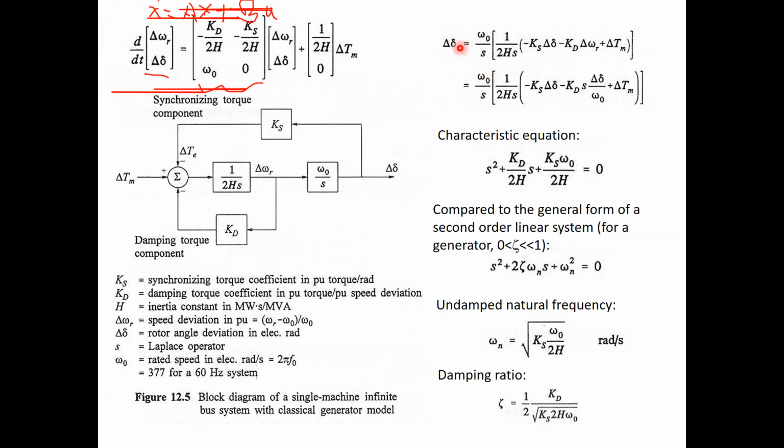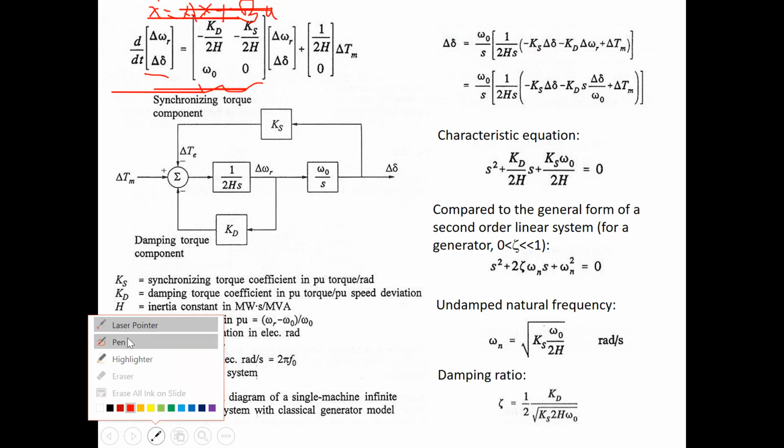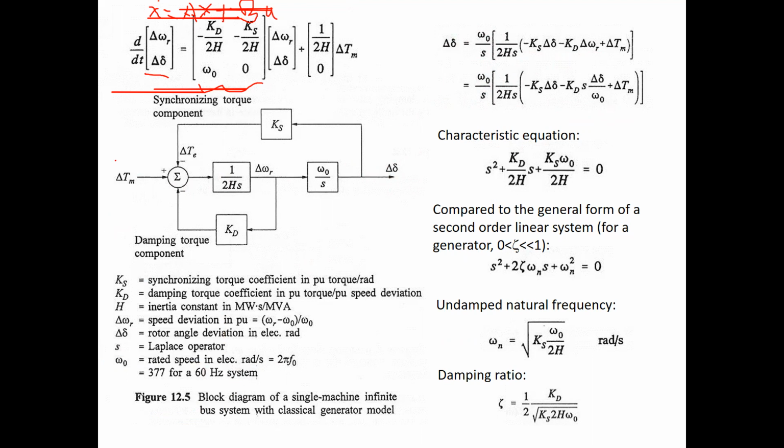So then we write down delta here in this way, and we write down this way. So this is actually what we are trying to analyze. This is the output quantity variable. Let's say that suddenly you have applied a step change in the mechanical torque.